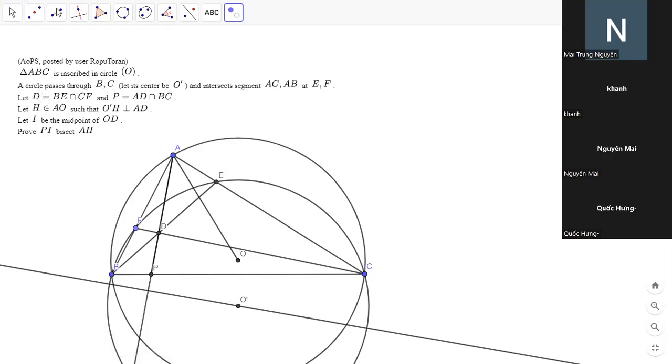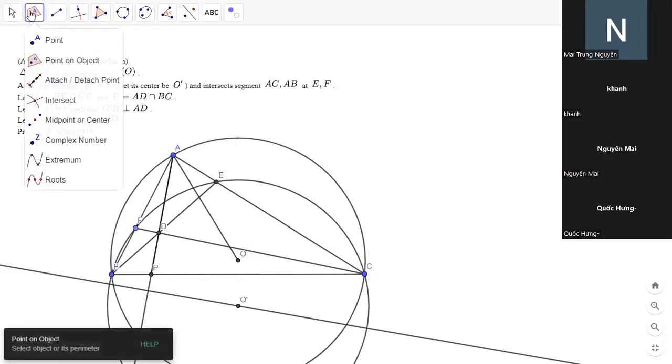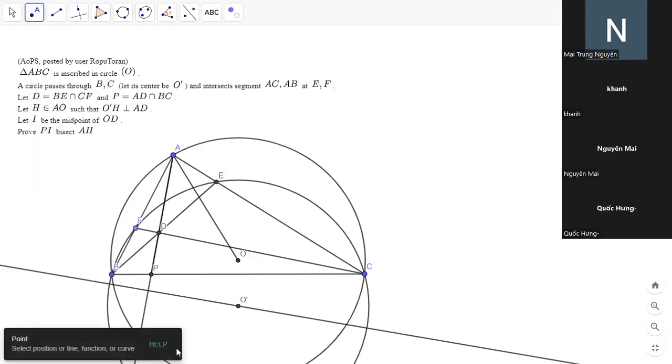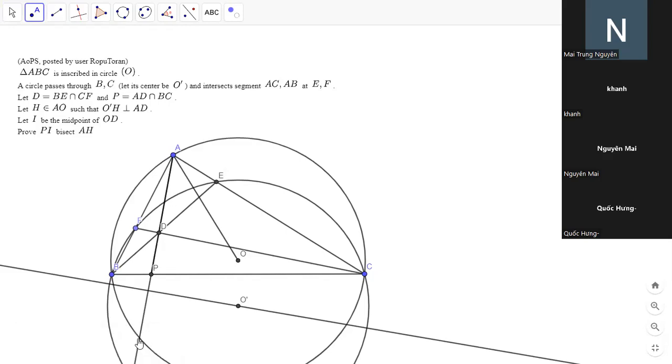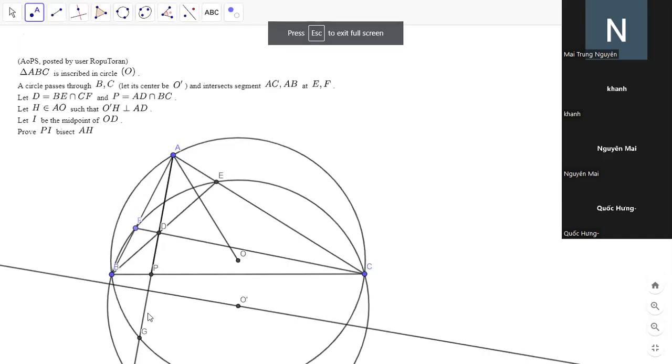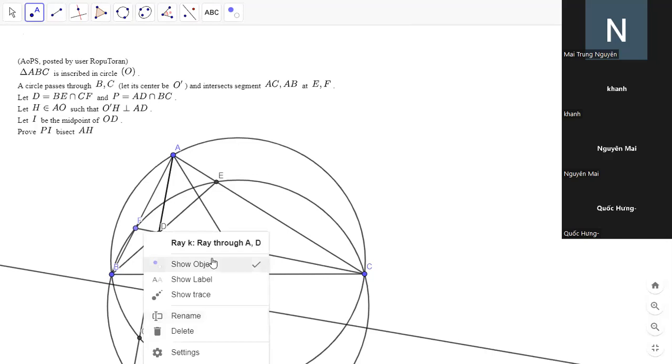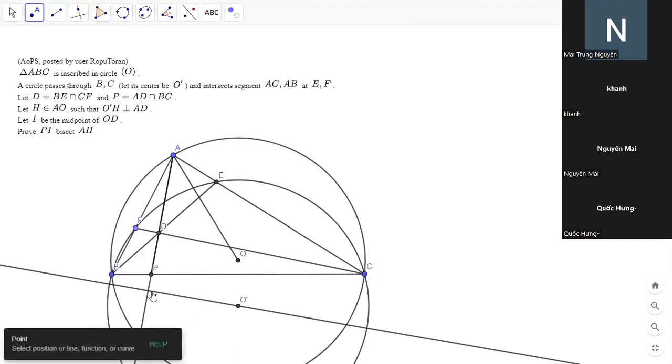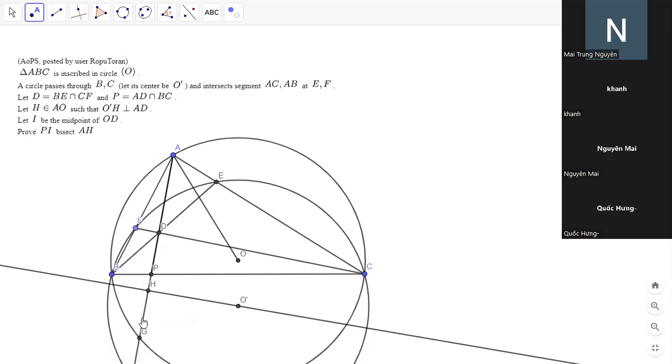So yeah, let me draw this point on the circle. Whoops, I didn't mean to do that. So that'll be G. And draw this point. Let's call it something different.